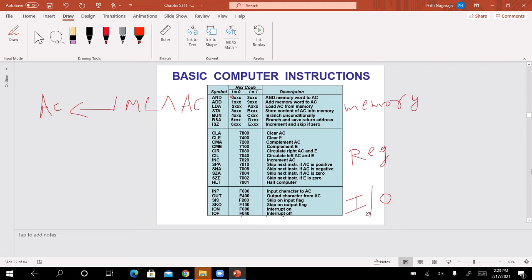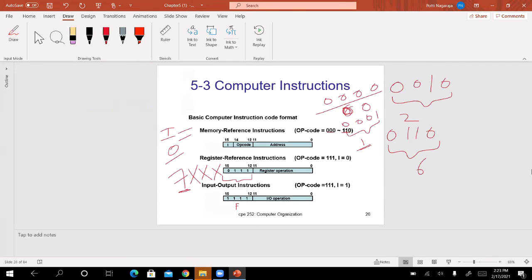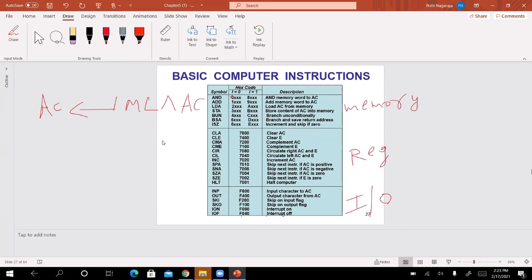CLA, what is that? Clear accumulator. Now I'll ask one question. Suppose AC is some value, assumed to be some value.